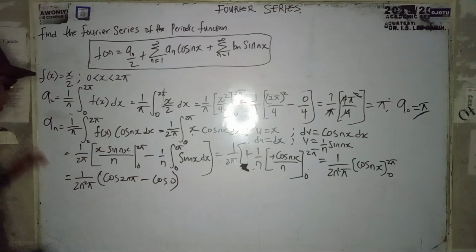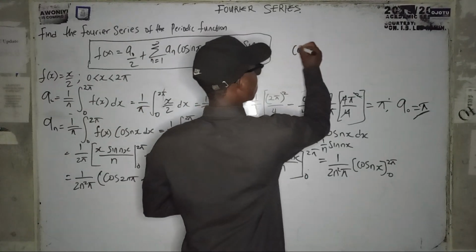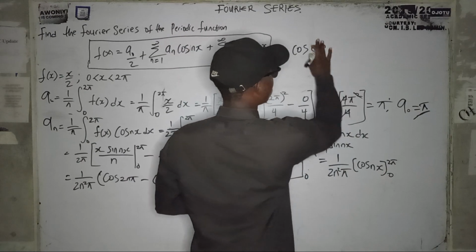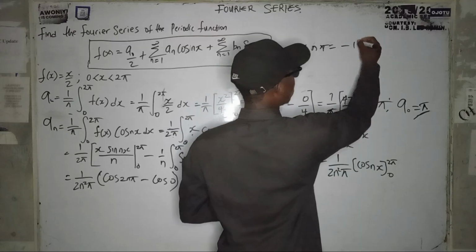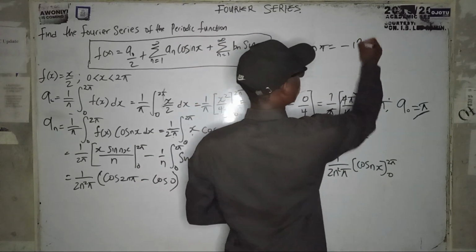So now, both values are very unique. If we have cos of any value, let's say n pi, then this will be equal to minus 1 raised to the power of whatever is at the back of pi, which is n.